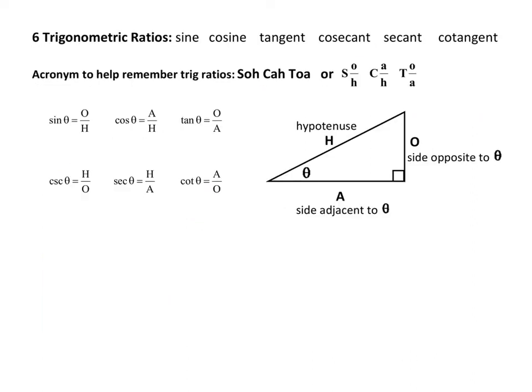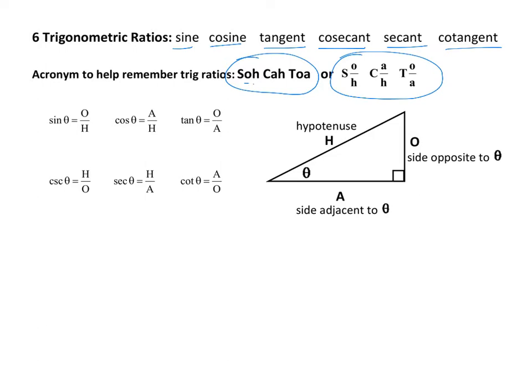Trigonometric functions. We have sine, cosine, tangent, and there are 3 more: cosecant, secant, and cotangent. Now there's an acronym to help remember trig ratios: SOH CAH TOA.